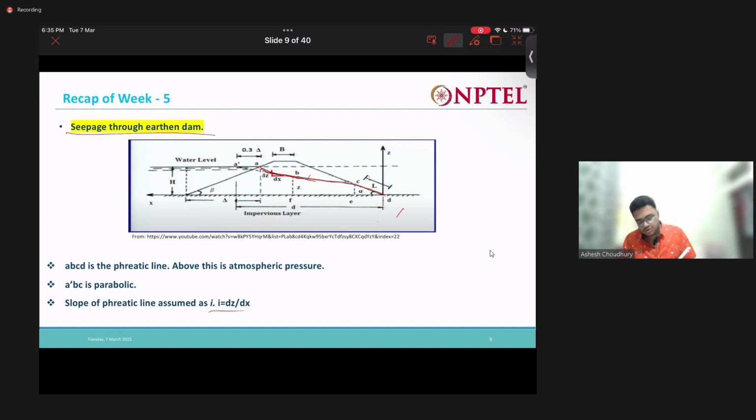This was actually given by Dupuit. He said that the hydraulic gradient is constant with depth, that is, it is given by I is equal to dz by dx.